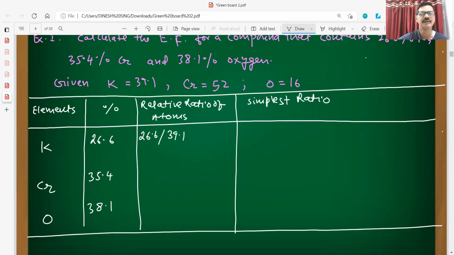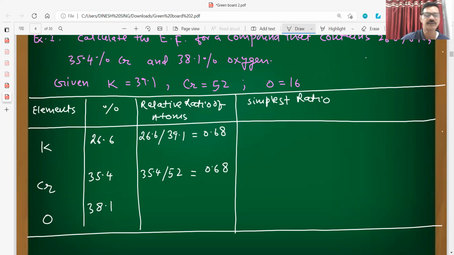So the relative ratio will become 26.6 divided by 39.1. This is coming out to be 0.68. 35.4 divided by 52 is again 0.68.